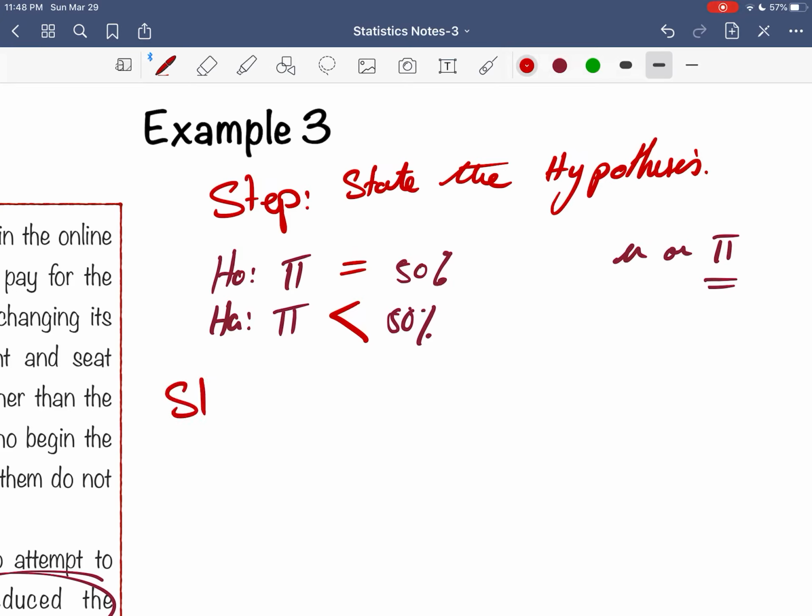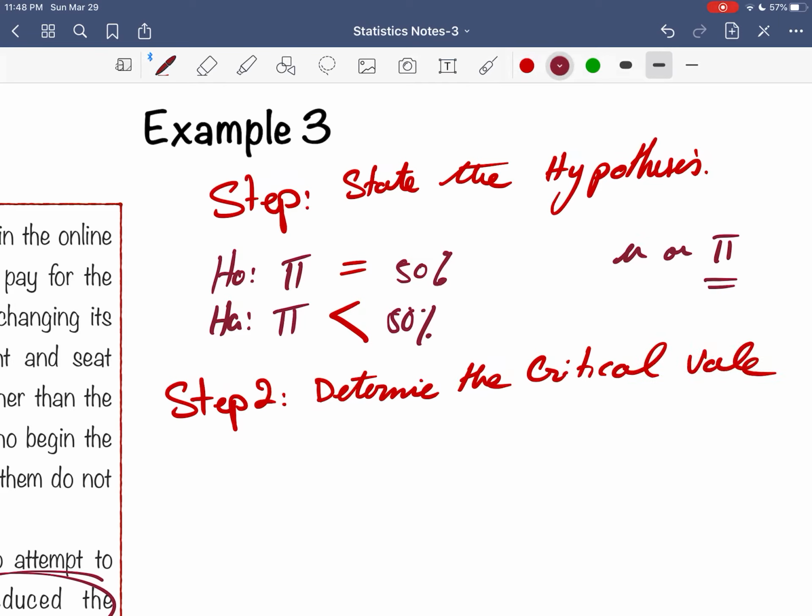Step 2. Determine the critical value. So as always, the critical value, you have a choice between Z or T. In order to choose between them, ask yourself, is N large?